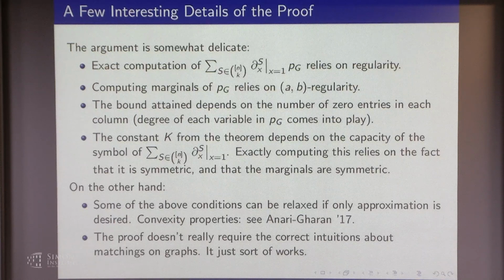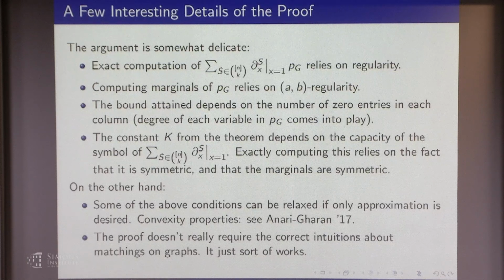I gave you these intuitions about counting matchings, and when I originally wrote down that theorem that I showed you, I emailed Gurvits because I thought he would be the one most interested in that result, and I said, what do you think this can be applied to? And he basically said, oh, I think you should be able to reprove Csikvári's bound. So I took his bound, turned it into some algebra, plugged it in, and it gave me exactly the right thing. And honestly, I had no intuitions about the matching.